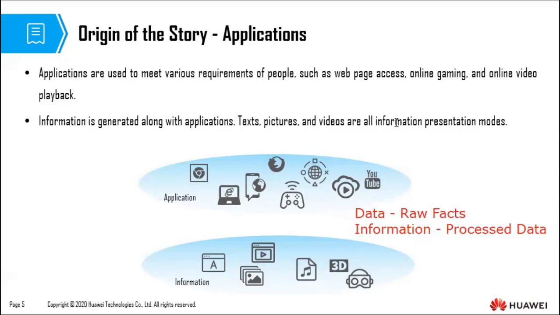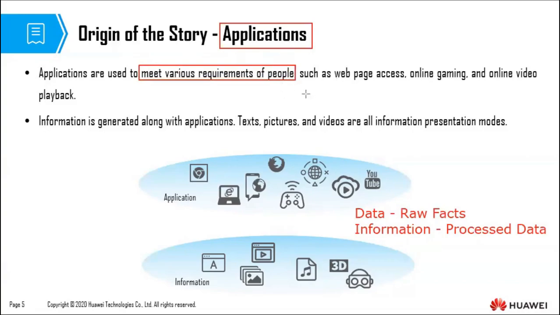So generally, we have what you call data generators. Most of the time, we have applications in your computer that are generating data. Applications are used to meet various requirements of people.